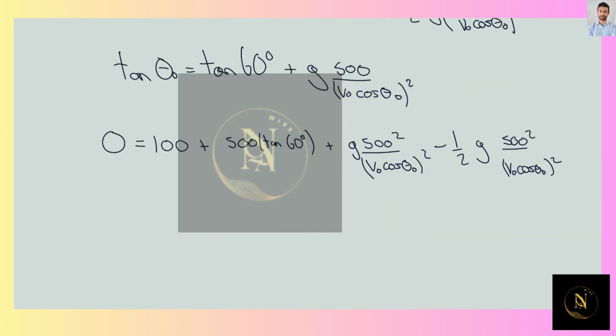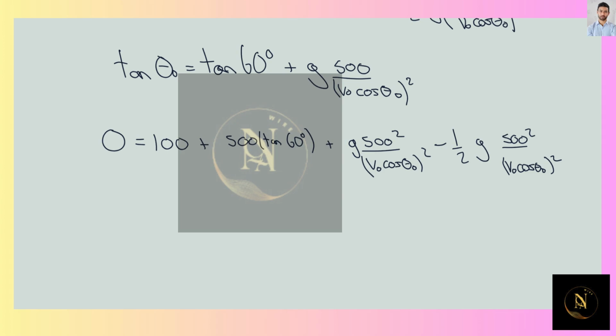Notice that over here we have simplified our equation a lot, and we're going to have something that only depends on b0 cosine of theta 0. So our result is that now our equation simplifies as 0 equals 100 plus 500 times tangent of 60 degrees, minus 1/2 of gravity times 500 squared over b0 cosine of theta 0 squared.